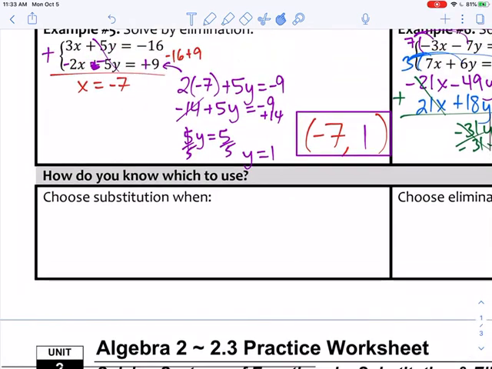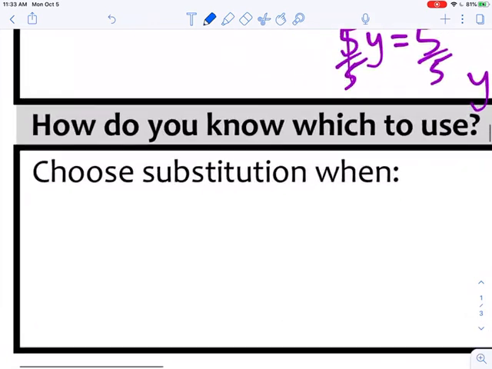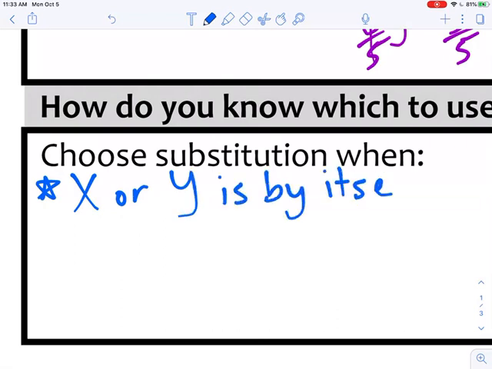So here's a couple ideas here. When am I going to choose substitution, and when am I going to choose elimination? The first thing is if x or y is already by itself. We want to use substitution because it's already kind of set up for us.